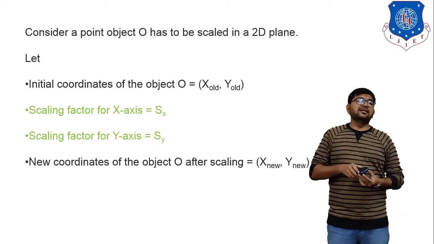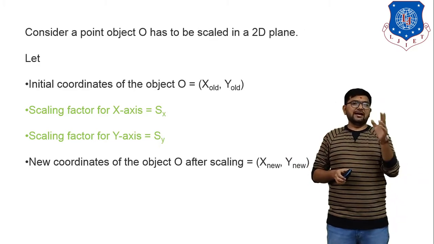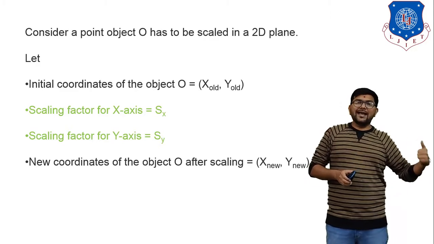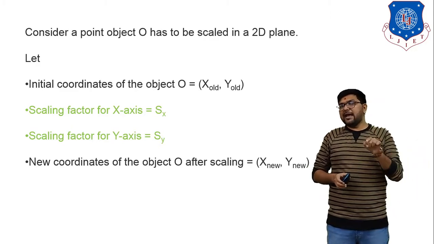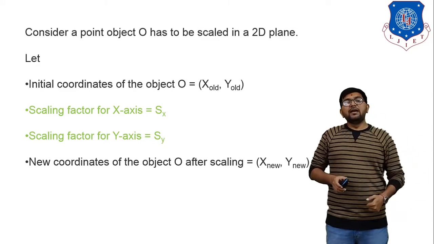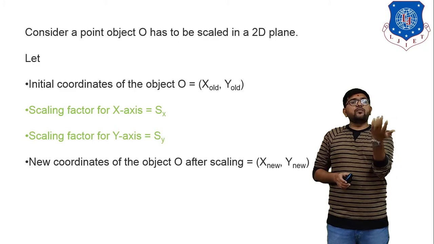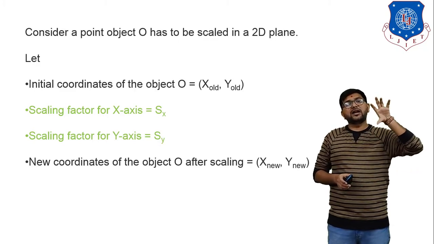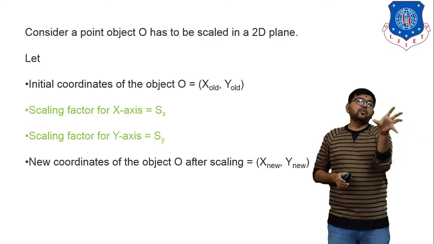Now you have to consider scaling in both directions, x direction as well as y direction. So the scaling factor for the x axis is sx, and the scaling factor for the y axis is sy. Now we have to consider the new point coordinate, meaning after scaling we get one new point. Clear?